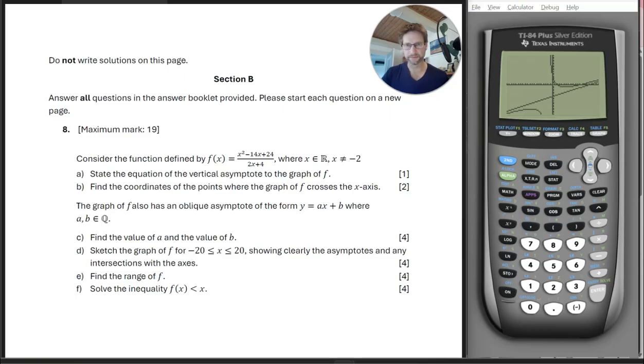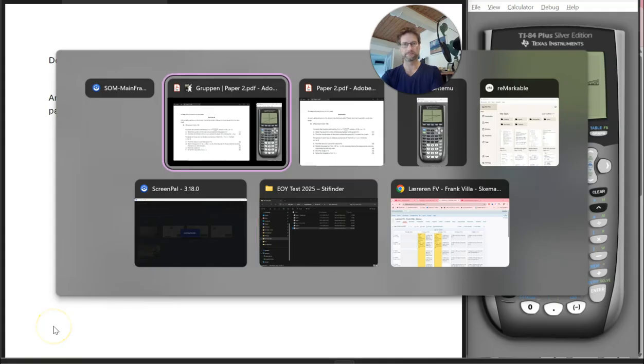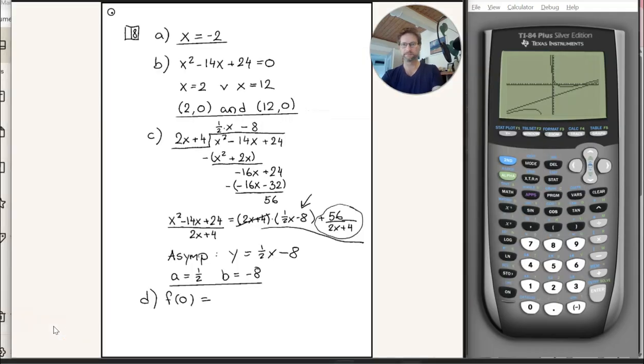Oh sorry, you can't see my paper. There. F of 0, when you put in 0, we get 24 over 4, because all the x terms become 0, and that is equal to 6. So the y-intercept is at 0,6.